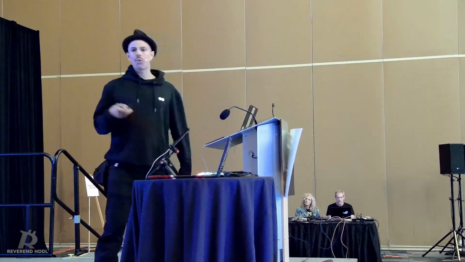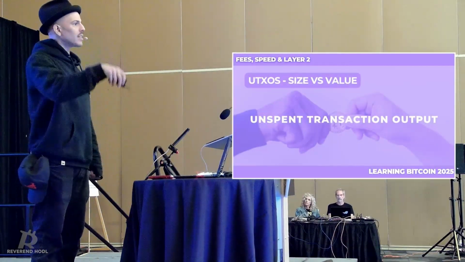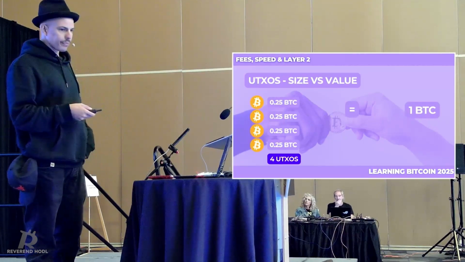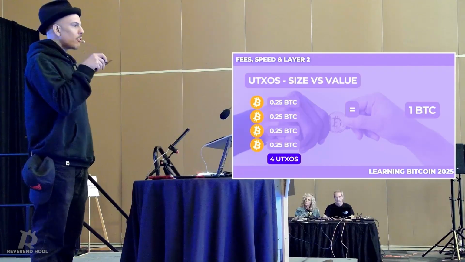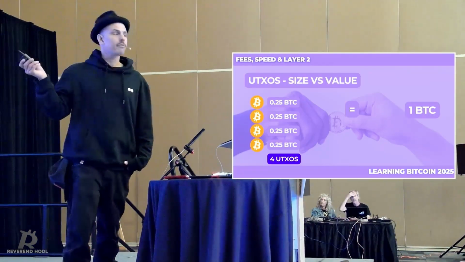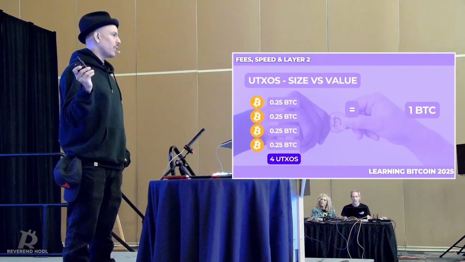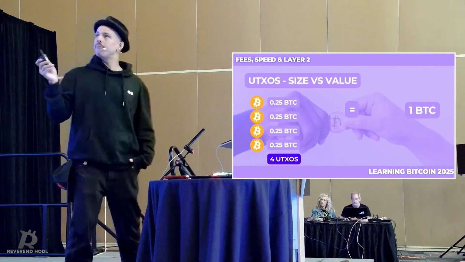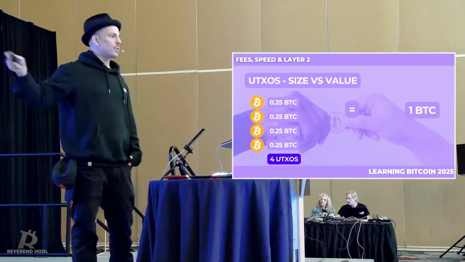Because we need to know what the size of our transaction is before we send it, because that's going to determine our fees. So if we have 4 UTXOs on the left, and each one of them is a quarter of a Bitcoin, well, the value of the transaction is 1 Bitcoin, but its size is actually 4 UTXOs.